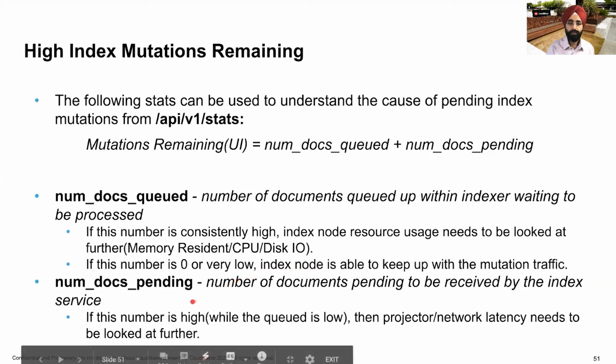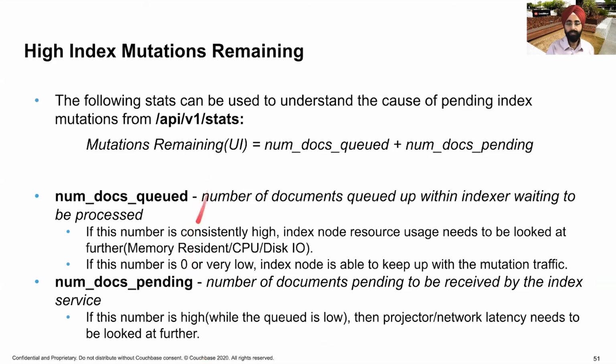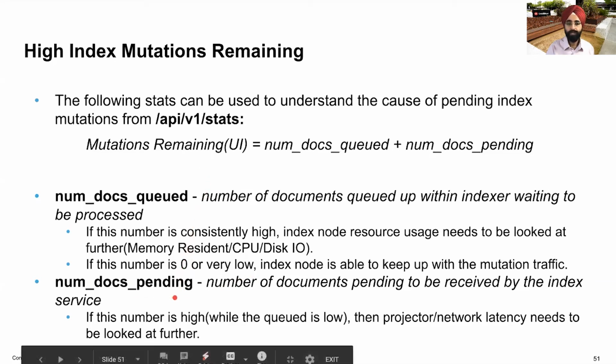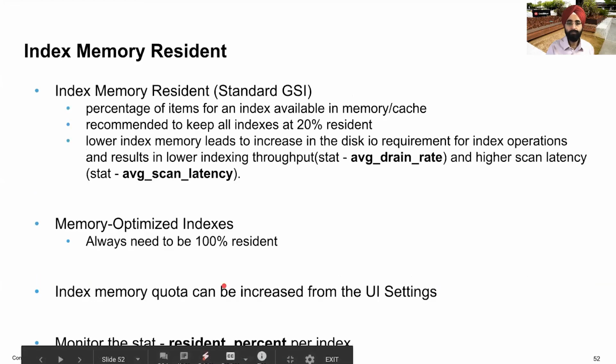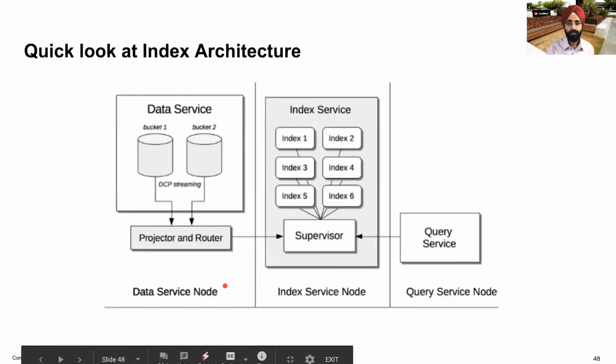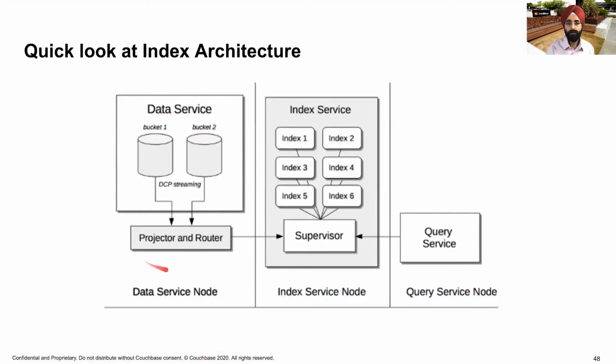And still, if the mutations remaining is high, which means the numdocs pending is high, it means that the problem is on the producer side.